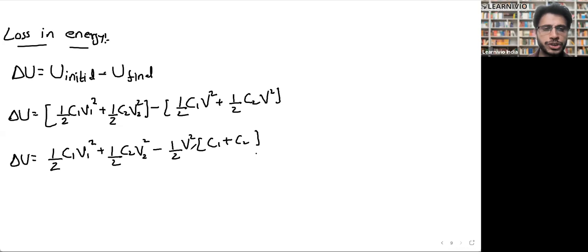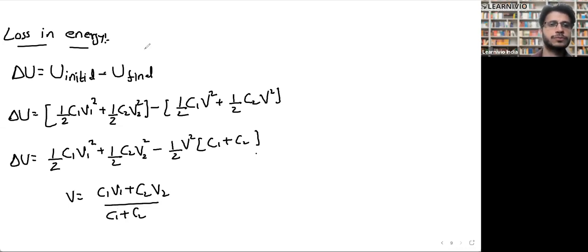Next, we can substitute the value of this V. How much is this V? This V is the common potential, which is C1 V1 plus C2 V2 divided by C1 plus C2.